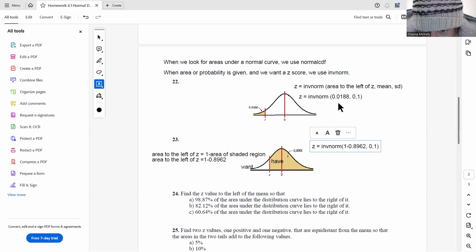I'm going to go ahead and do my calculator, 0.0188 and 0.8962.